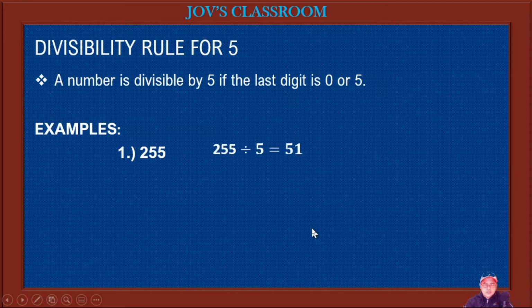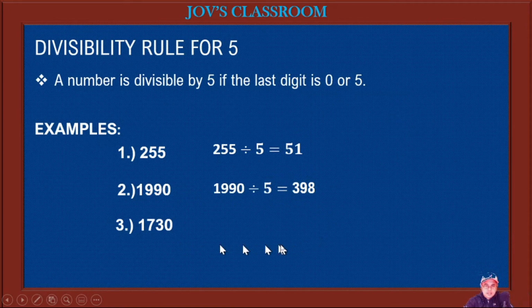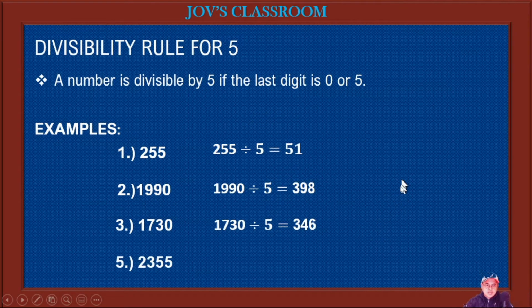So therefore, if you're going to divide 255 by 5, the number is divisible by 5. 0 and 5. So this is also divisible by 5. This is just self-explanatory. Just remember, a number is divisible by 5 if the last digit is 0 or 5.